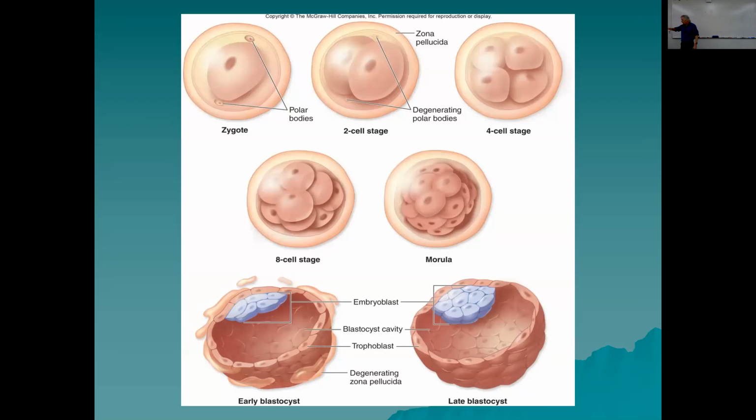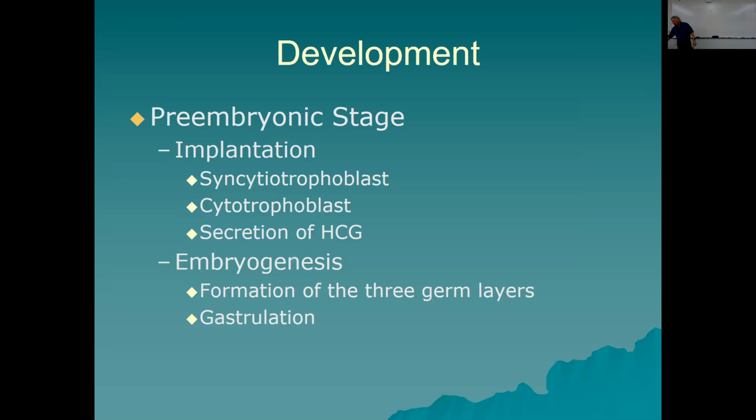Okay, there is the zygote to all the different cell stages, the morula to early blastocyst and late blastocyst, with the embryoblast, the blastocyst cavity or the blastocele, and the trophoblast. There are different parts of the trophoblast. I'm not going to get into this too much.